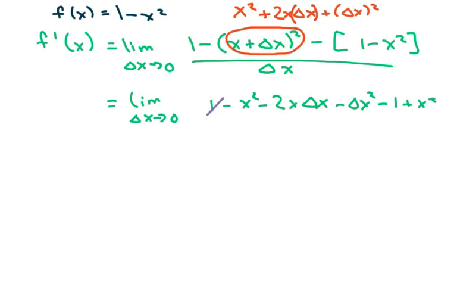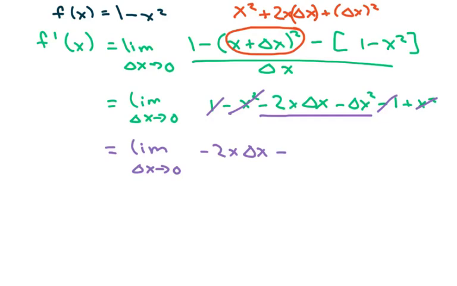Everything should cancel that doesn't have a delta x in it. So we're just left with these terms here. And this will be minus 2x delta x minus delta x squared. This is all over delta x.